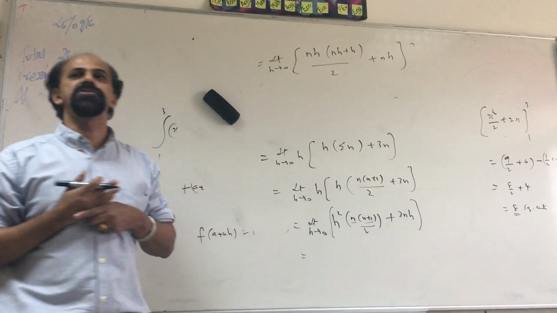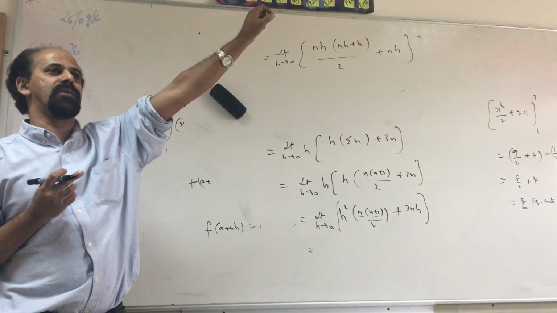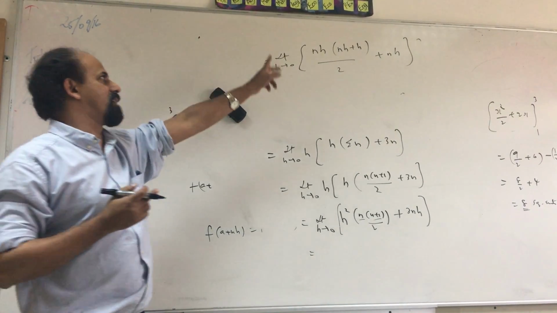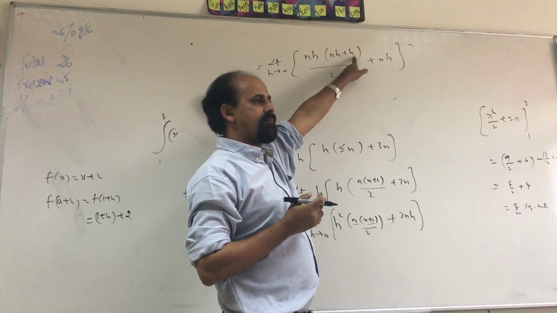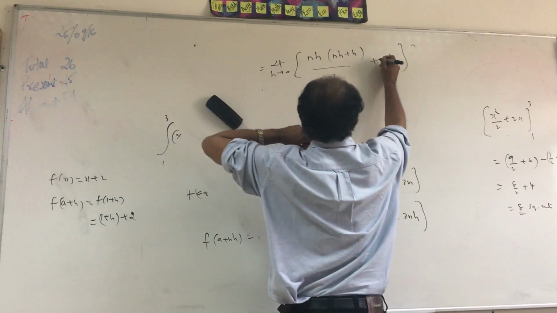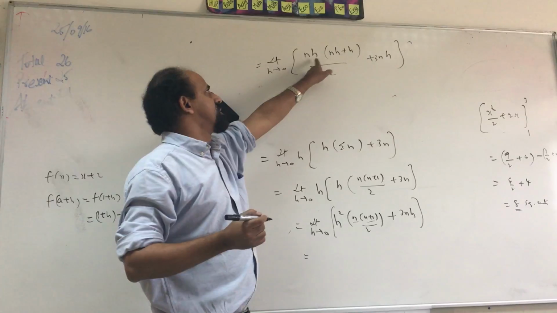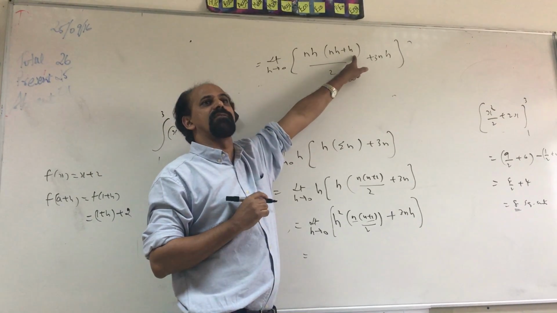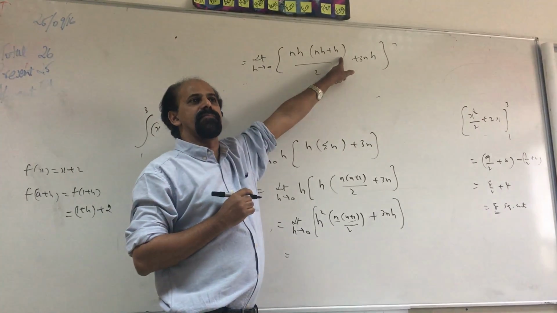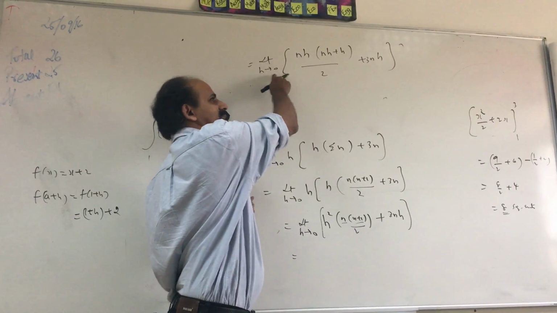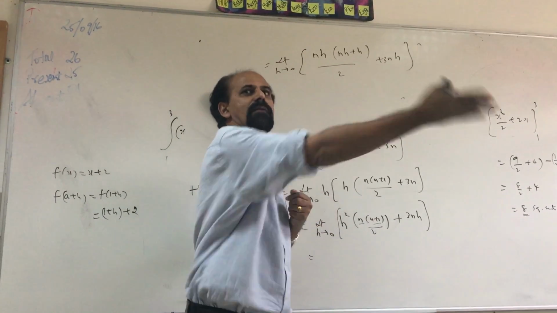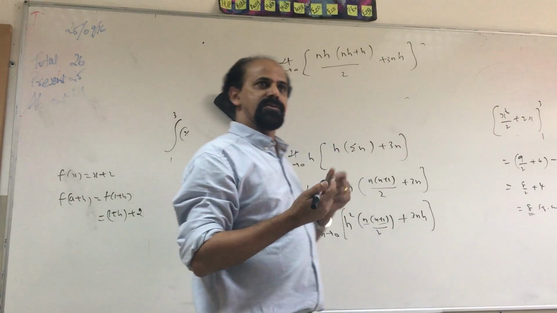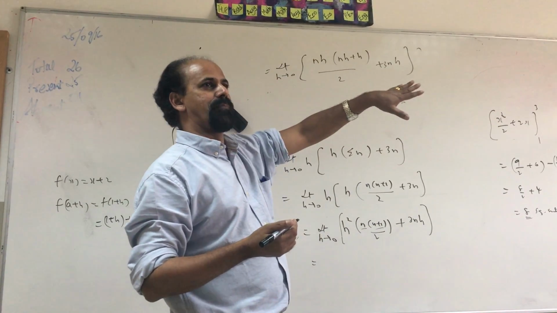Wherever there is nh, we substitute the value. What was that? 2. Wherever there is an h standing alone without nh, and 3nh, wherever there is h without the n, it becomes 0 because we apply the limit. Like in the limits questions, we used to cancel something, then we apply the limit. So this is the applying part now.